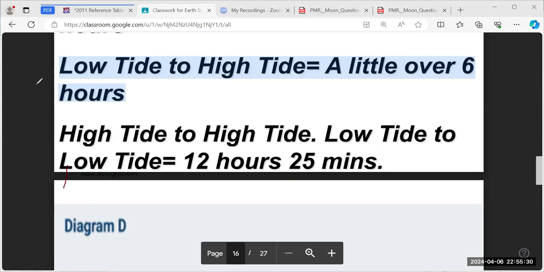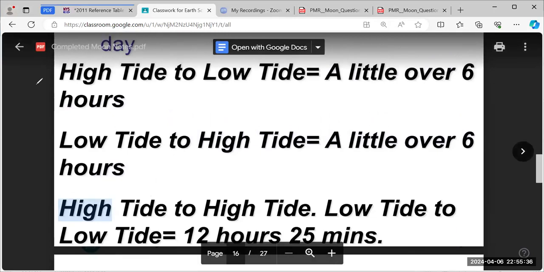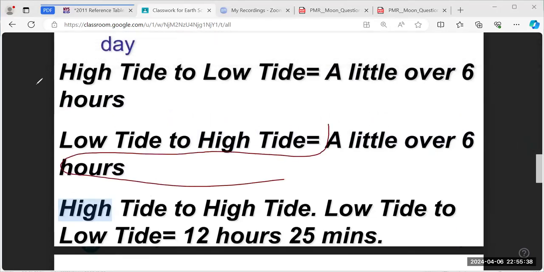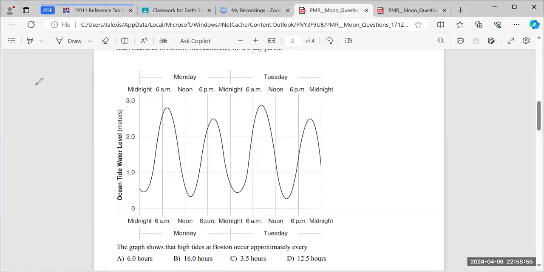If you're going from a low tide to a high tide or a high tide to a low tide, there's going to be a little over 6 hours. This is just in our notes. But a high tide to a high tide or a low tide to a low tide is 12 hours and 25 minutes. So the correct answer was definitely choice D.